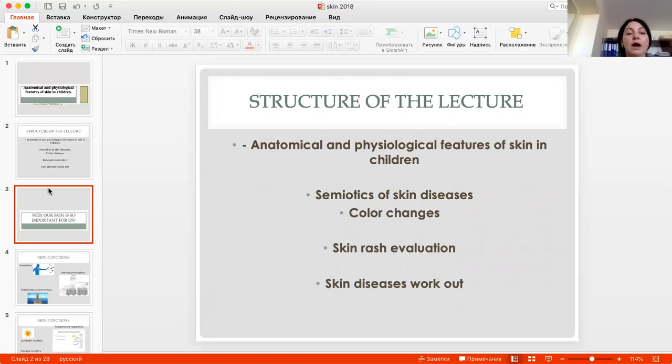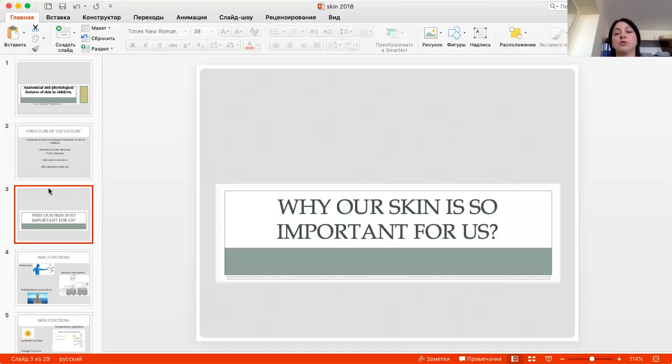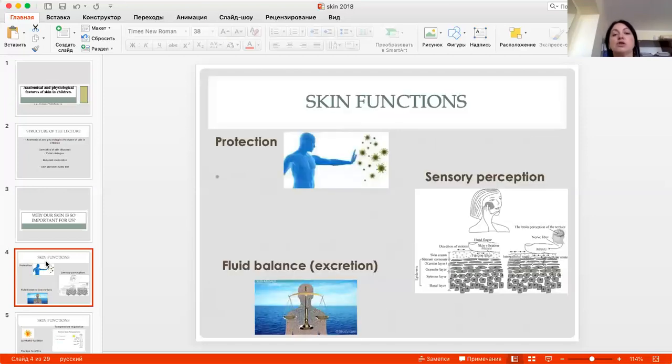So why is our skin so important for us? What functions of skin should we remember when we talk about the physiology of skin? So, as you know, skin is the organ responsible for protection. It's our physiological barrier for our organism, and it is the most important part for us to maintain our homeostasis of the functioning of organs and systems inside the human body.